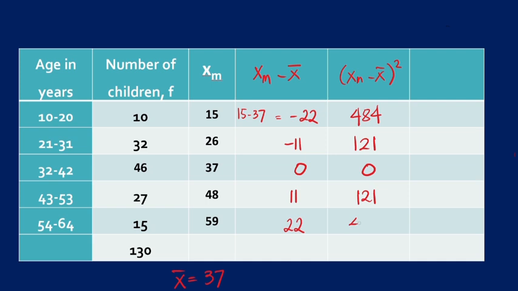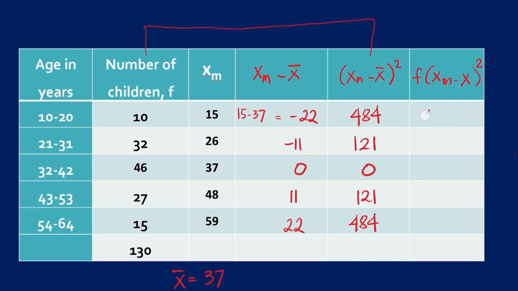And 22 squared is 484. Then here would be our third step, which is to multiply the square deviations from the mean by our frequency. So this number on this would be multiplied to get our value here.